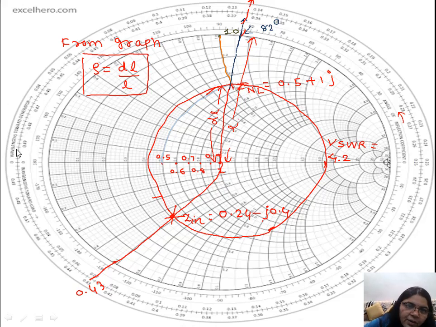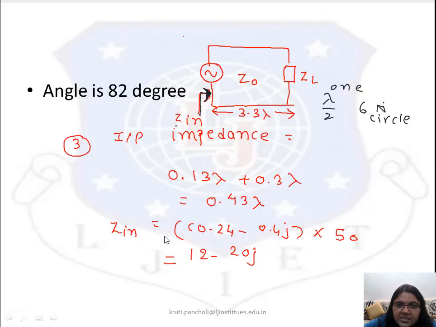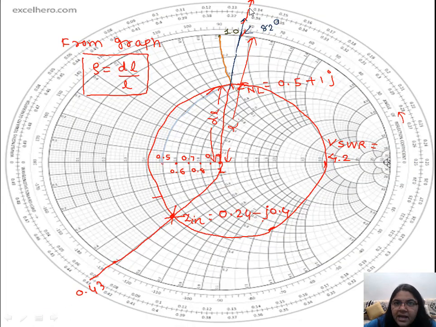Here you can see the wavelength towards the generator. This particular value you have to read, and it is 0.13 lambda. So by moving 6 times the circle, I can have this value.